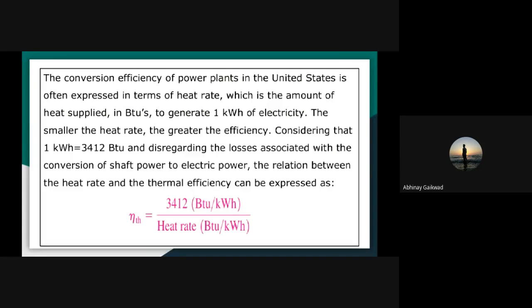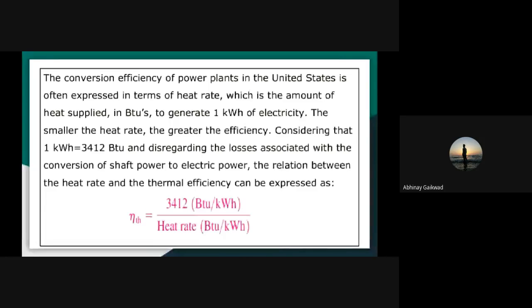If sometimes they give the heat rate, you can easily calculate the thermal efficiency using this formula. This 3412 value means the generation of 1 kilowatt hour of electricity, that is the heat rate.